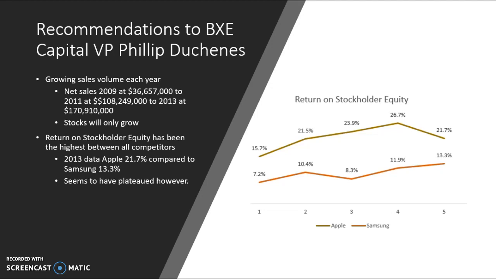Your return on stockholder equity is the highest among all competitors. In 2013, Apple had 21.7%, if you see in the graph beside you, compared to Samsung's, which is 13.3%. It still shows Apple dominating the markets.